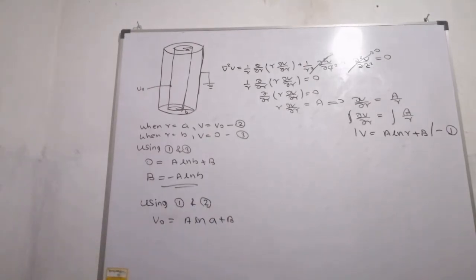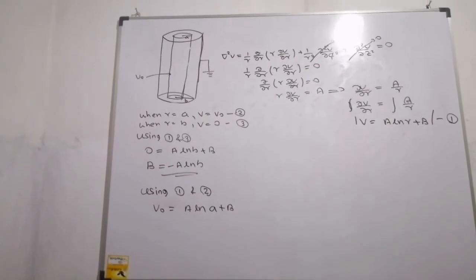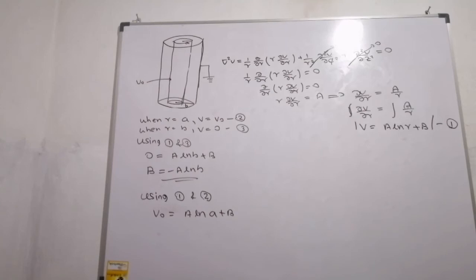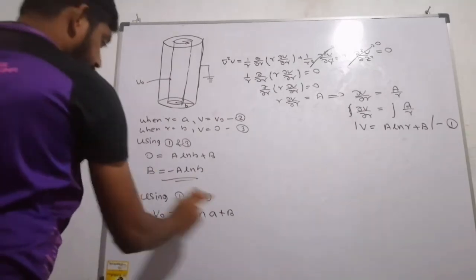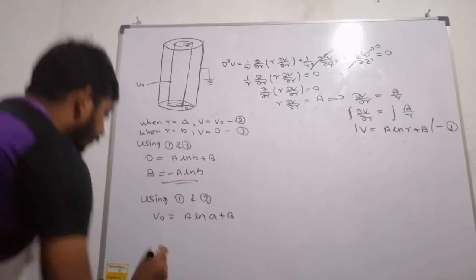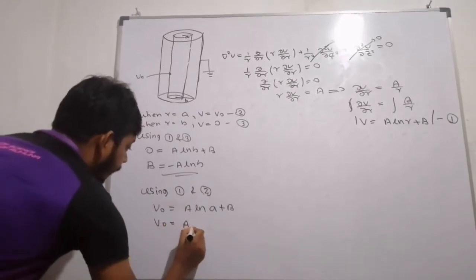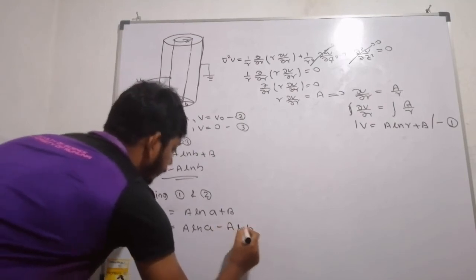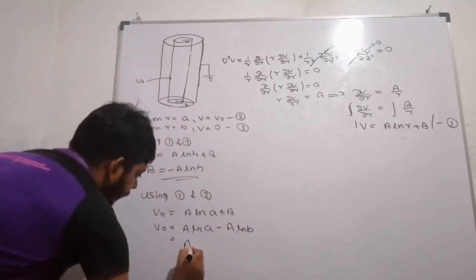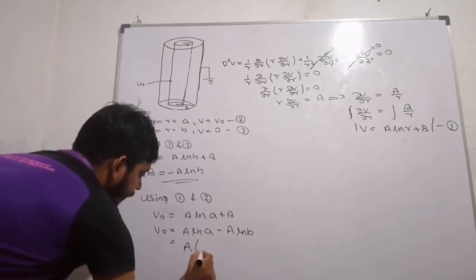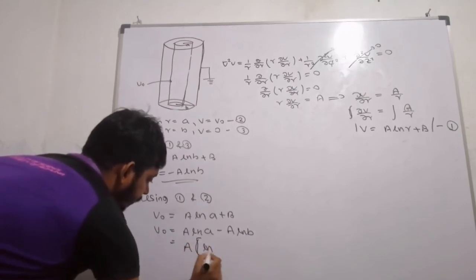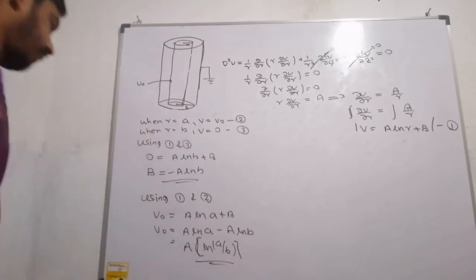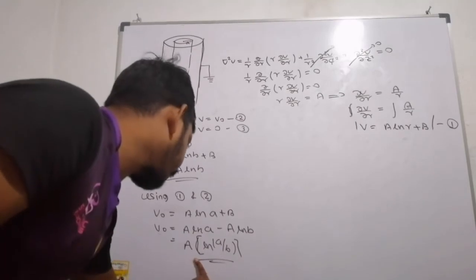Okay, now what I am going to do? I am trying to find B. I can substitute this B into here. V naught equals A ln A minus A ln B, then A ln A over B. This is not the complete answer.